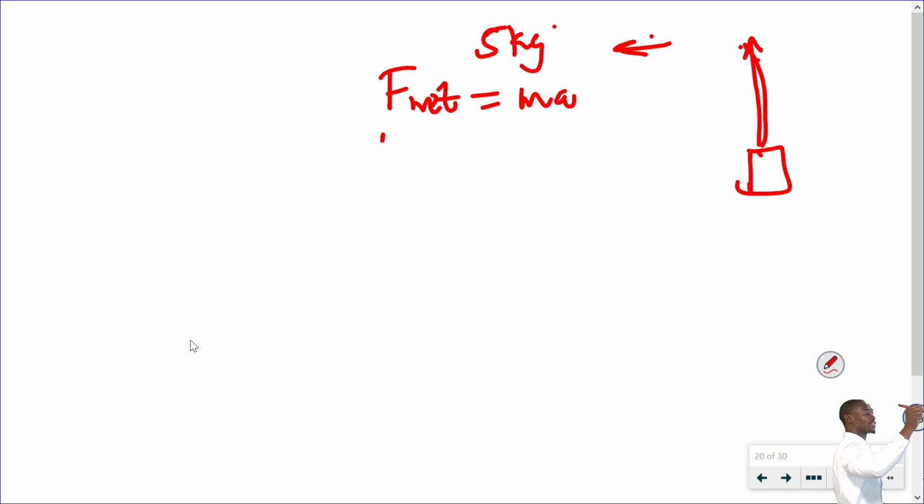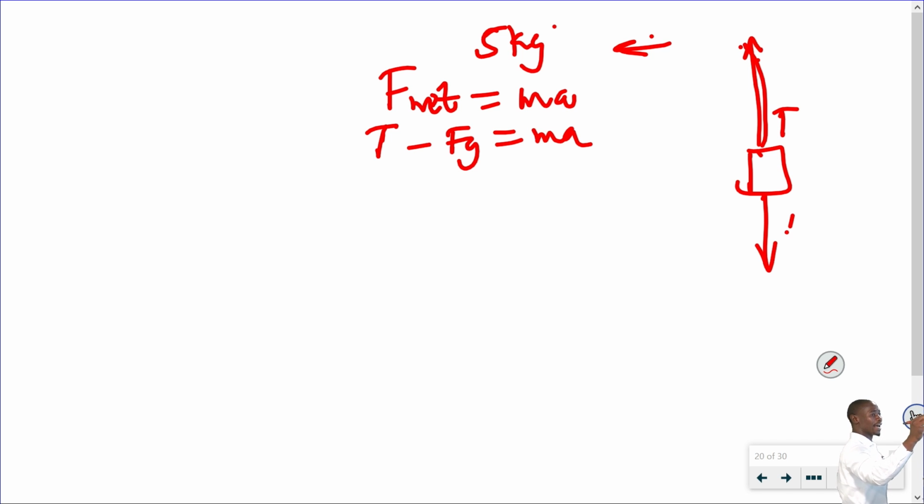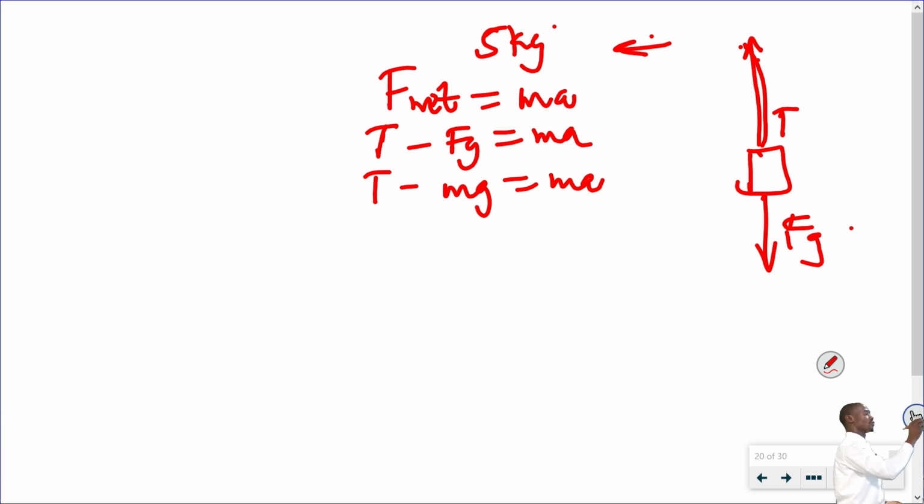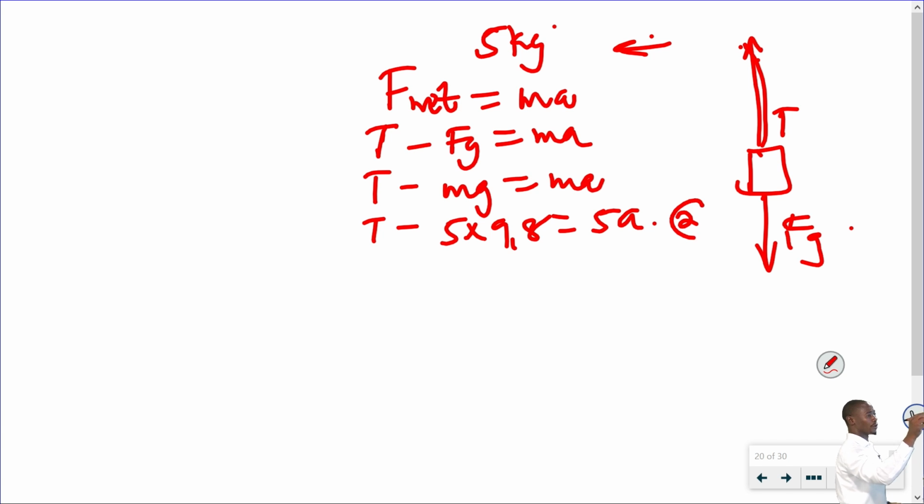So up will be positive, and then this one will be negative. So it's T minus Fg equals Ma. So there are only 2 forces there. It's tension and Fg. Okay? So T minus mg equals Ma. So it's T minus 5 times 9.8, and then this is 5a. Then that is your equation number 2.